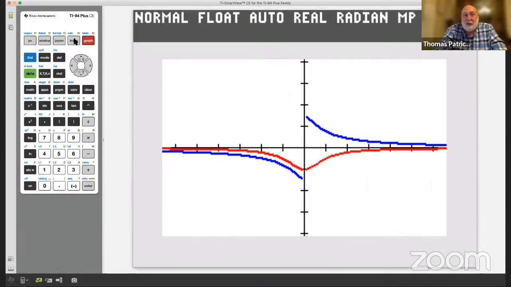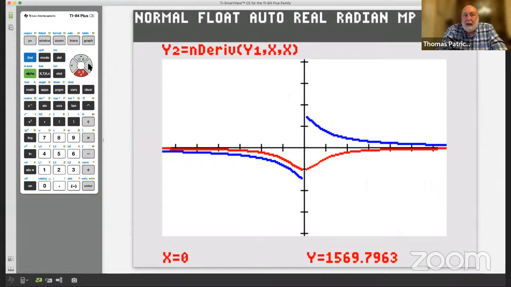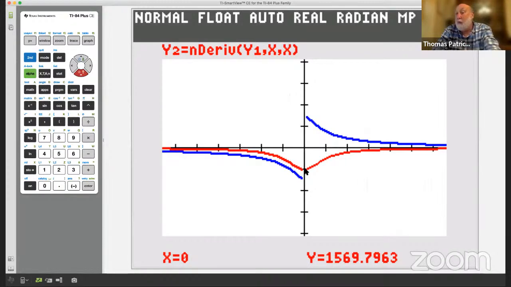And if we actually traced the derivative graph, that's right, this is a numerical derivative. Notice it's giving us this really large value. It's actually doing a difference quotient, but the actual derivative is not defined at x equals 0 for this function. But for the actual inverse cotangent, the slope there will be -1.